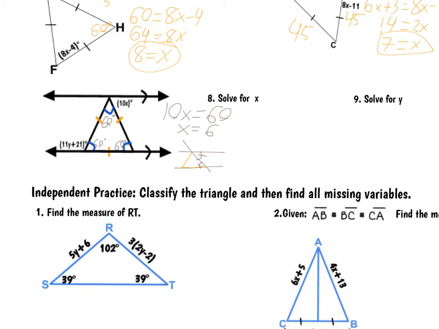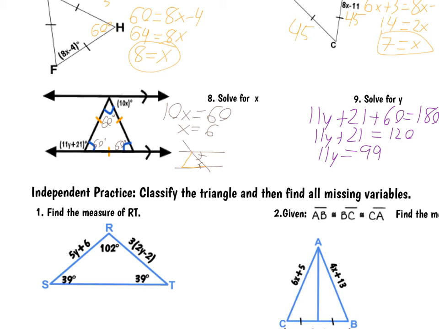So we can write our equation as 11y plus 21 plus 60 is equal to 180. Or 11y plus 21 is equal to 120. Or 11y is equal to 99. Or y is equal to 9.